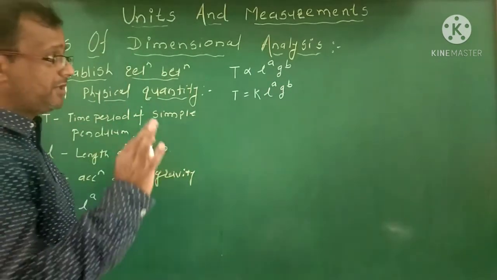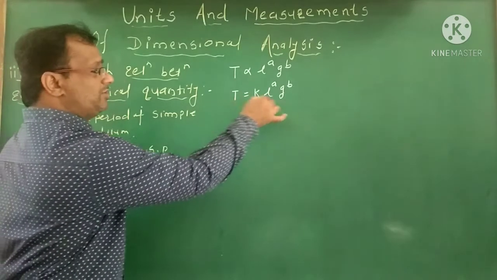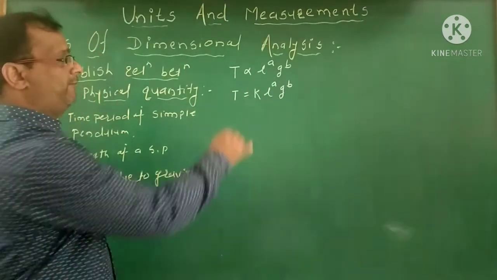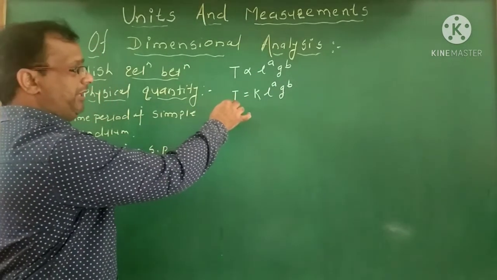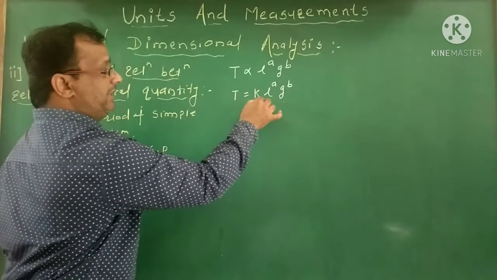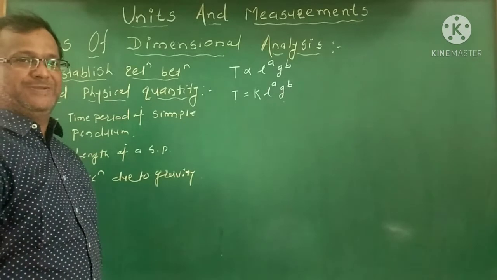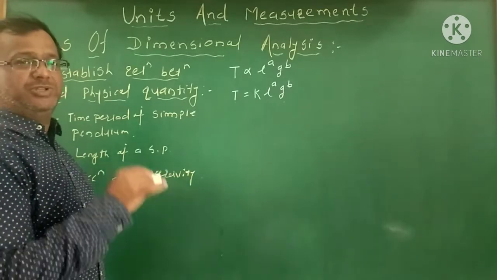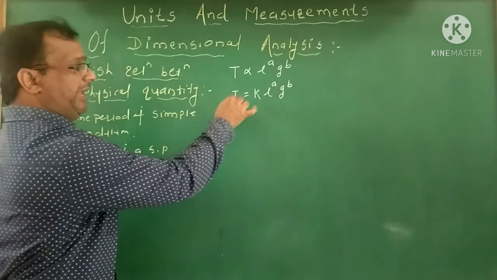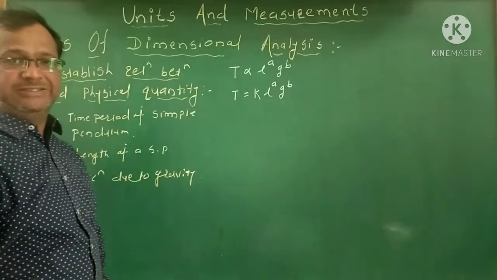Now we want to substitute the dimensions of T, L and G. Here K is a dimensionless quantity, so we substitute the dimensions of only T, L and G, and solve as per that.